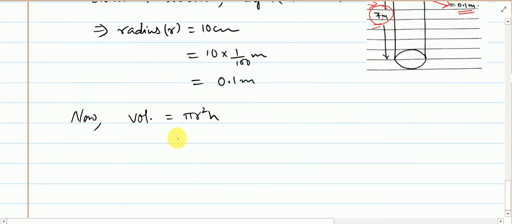Substitute the values: 22 by 7 into, for radius 0.1 whole square, and for height 7.